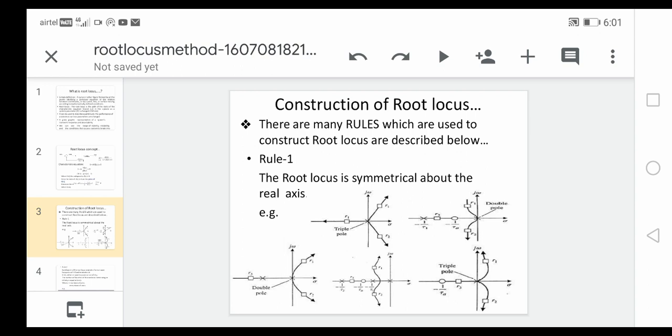In the first case, we have a triple pole at the origin, all present on the real axis.